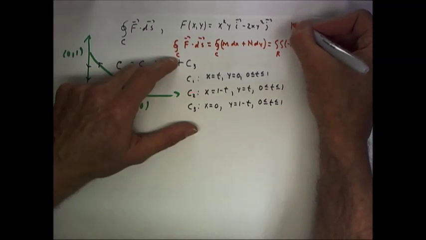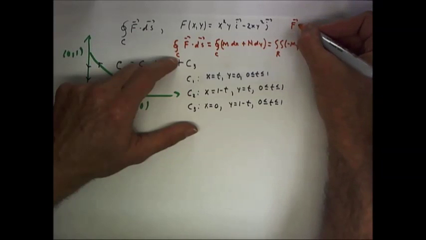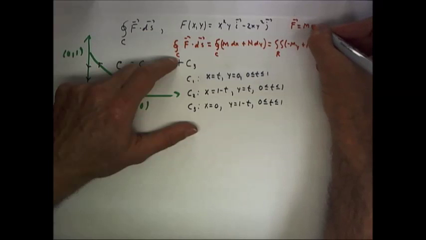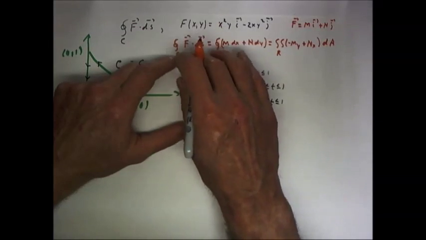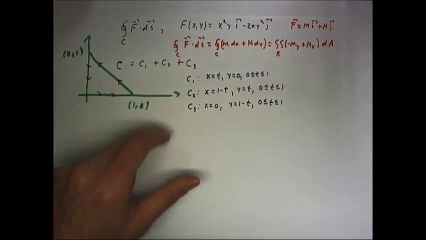And let's just write the fact that F, again, is expressed as M i plus N j, where M and N are understood to be functions of x, y.